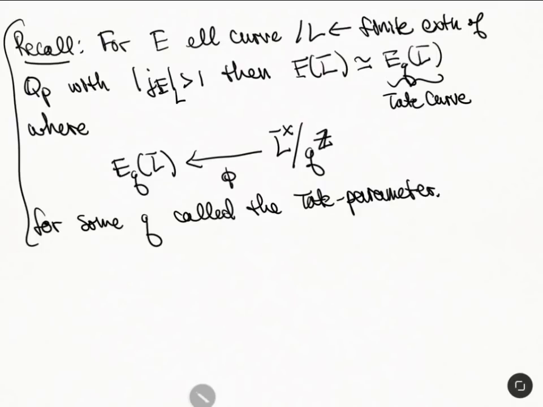This isomorphism is over L bar, the algebraic closure of L. So this is what happens, and then there's a relationship between the valuations of the Tate parameters.